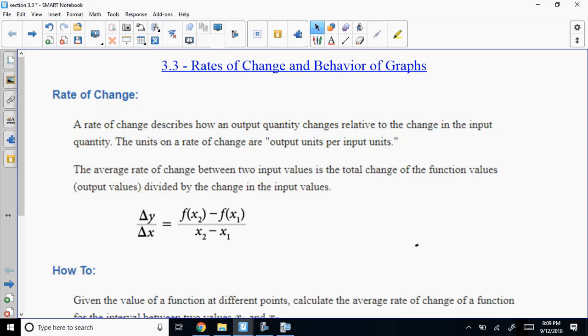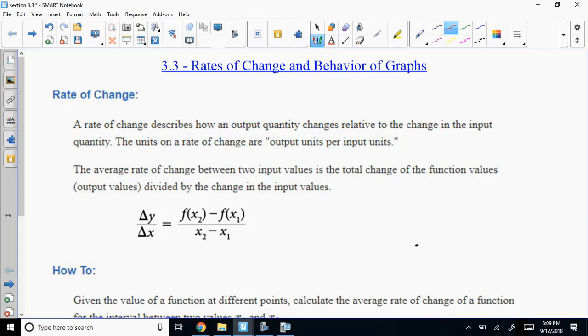Well, all right. So rate of change is change in y over change in x, right? That's what the little triangle means. It's a Greek letter, delta. Delta means change. So f of x2 minus f of x1, over x2 minus x1. Guys, you have not seen it written like this.